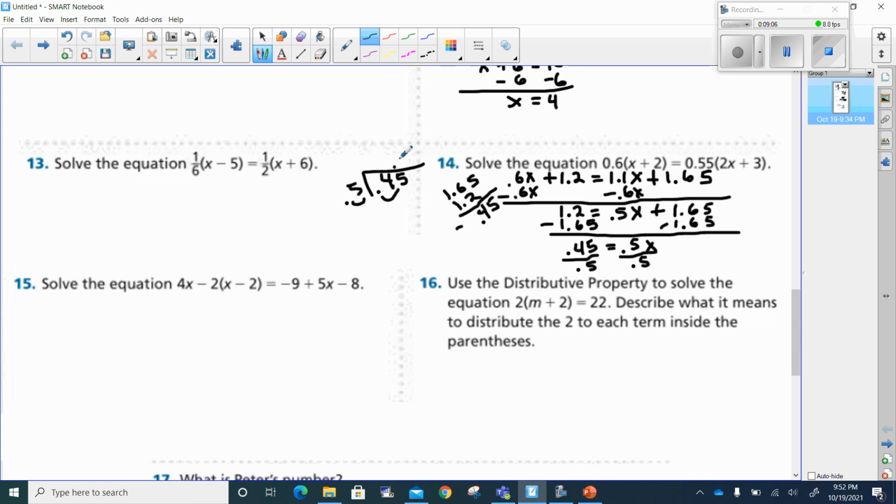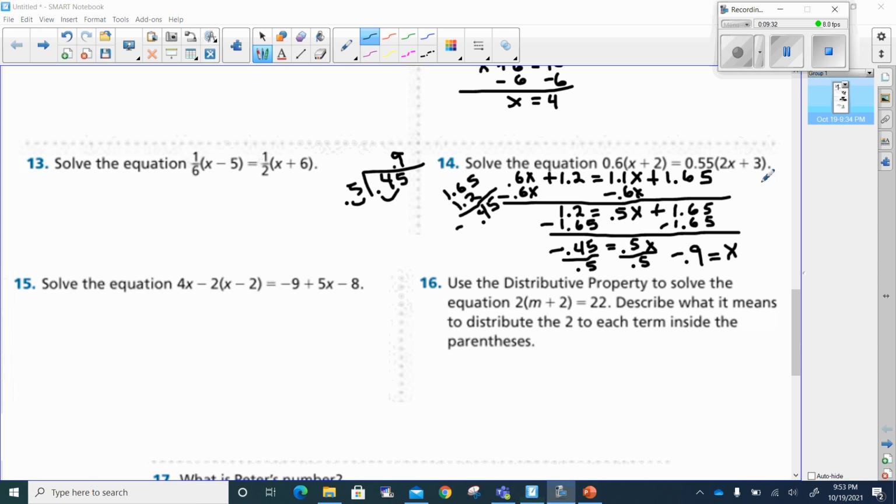And 5 goes into 45 9 times, so that's 0.9. So this will be 0.9 equals x. All right. Let me make sure I did everything right. Oh, wait a minute. We did say this was going to be a negative 0.45, which means this should be a negative 0.9 equals x.